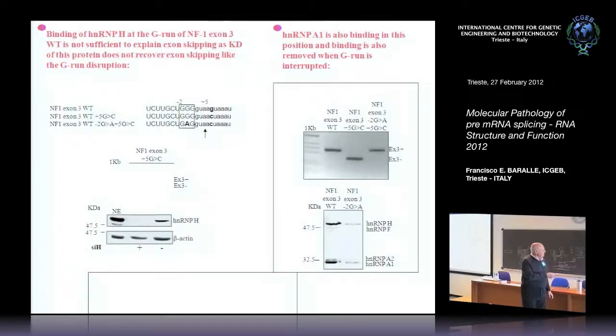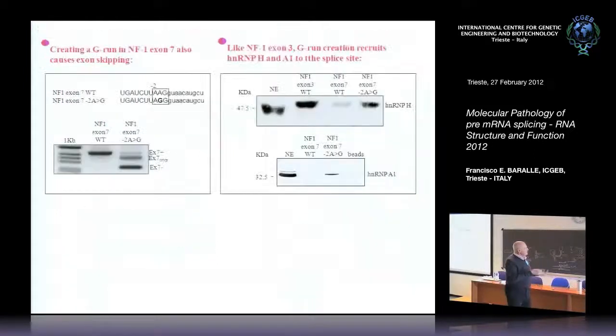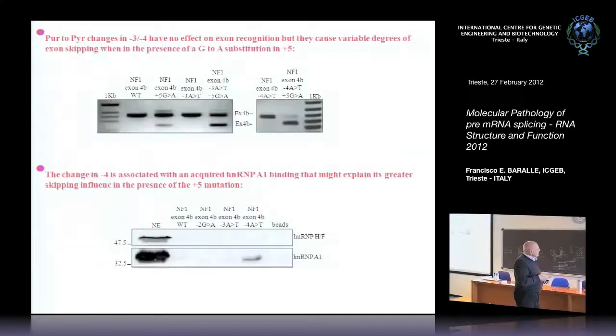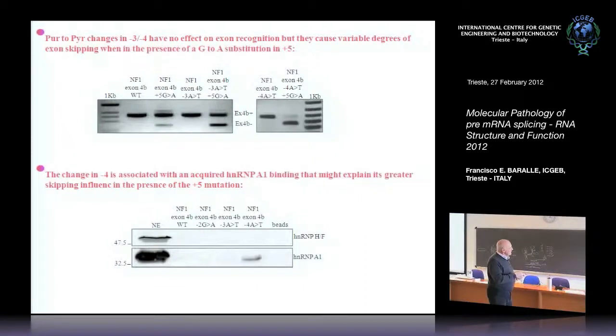Well, there are a series of examples that confirm this. I'm going to skip them. What I want to show you is that there are many variations on the sequence that can be related, and not always do you go for sure to one thing.